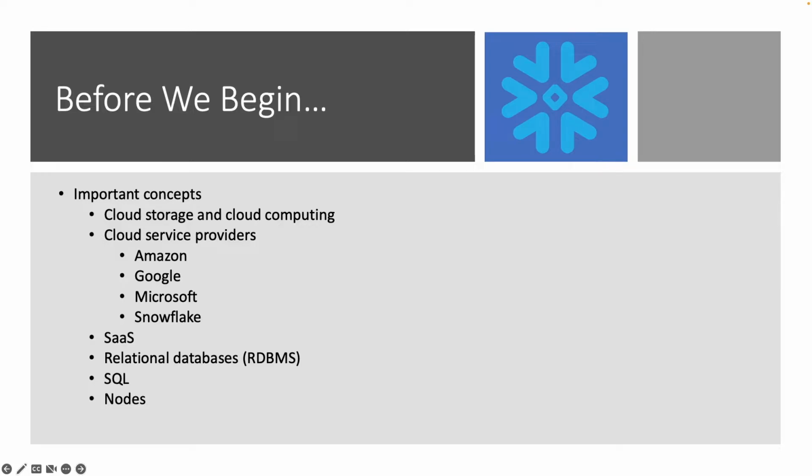I also believe software as a service really is an important concept to understand, which is simply software that's accessed online with a subscription-based model rather than something we buy and install on an individual machine.